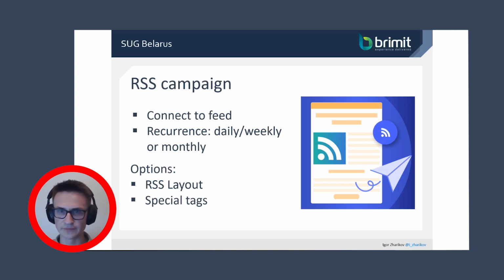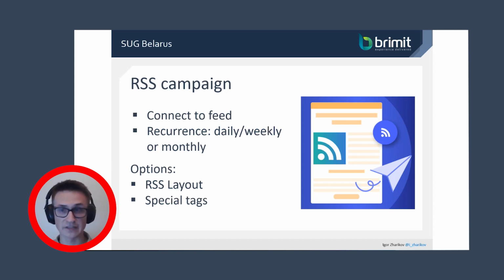Otherwise, it won't be sent, but maybe it will be sent later. It can be used to notify users about any continuously published content: events, articles, blogs, recipes, changelogs, and so on.